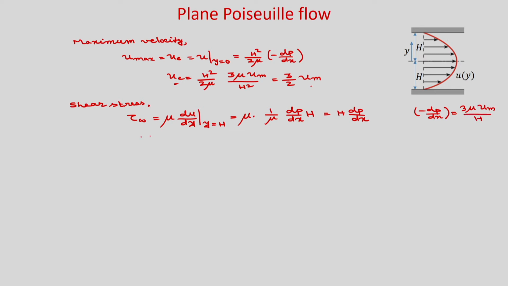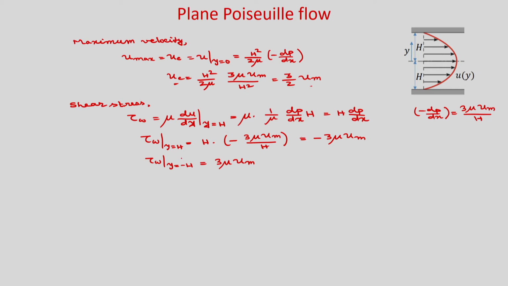So, if you put it, then tau w at y equal to h, you will get h into minus 3 mu by h. So, you are going to get minus 3 mu. Similarly, if you calculate tau w at y equal to minus h, it will be 3 mu, and you can see that the shear stress inside the fluid varies linearly.